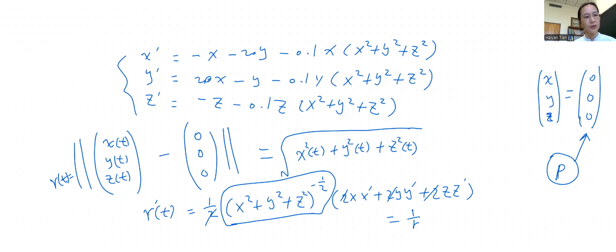So now what do we have here? x times x prime, and y times y prime, and z times z prime.